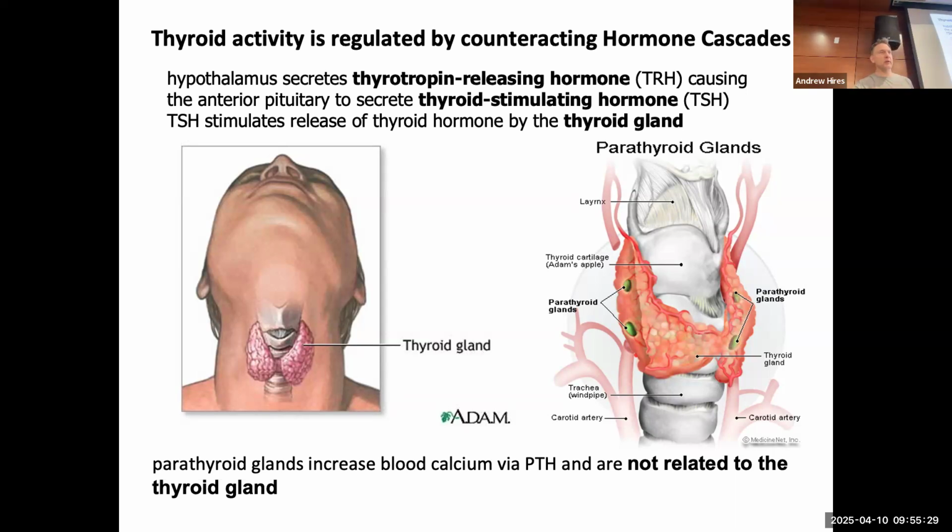These parathyroid glands do not impact thyroid production. They're not stimulated by TSH. They do something totally different, which is regulate blood calcium levels by a parathyroid hormone. Just mentioning that here. They are going to increase blood calcium levels by causing the breakdown of calcium from bones.